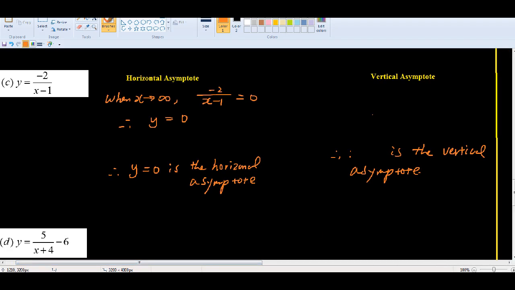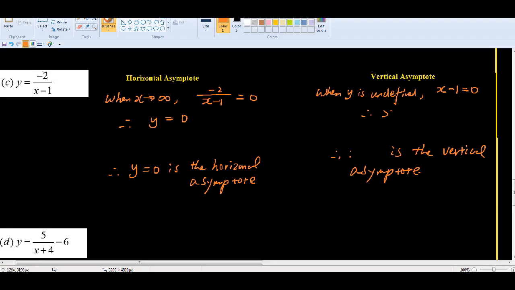Is that okay? How about the vertical asymptote? For vertical asymptote, you have to make y undefined. So when y is undefined, x minus 1 must be 0.